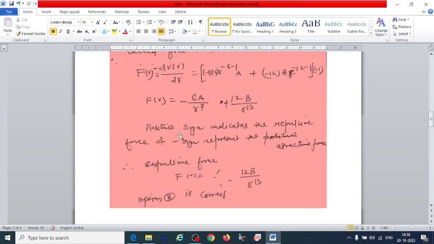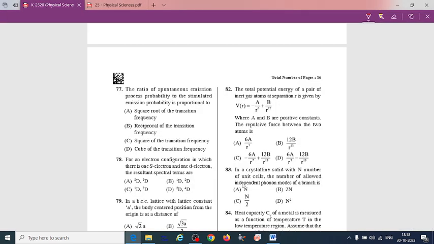A positive sign indicates the repulsive force and a negative sign indicates the attractive force. The repulsive force here is the term 12B by R to the power 13. So option B is correct.